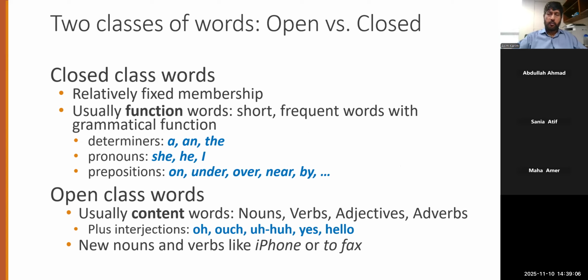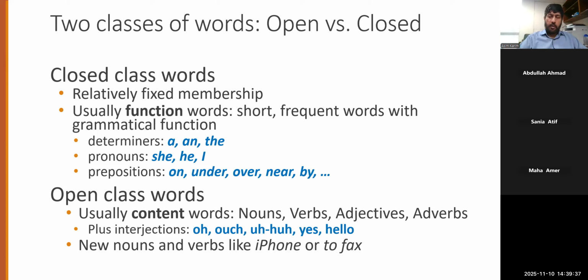So generally in all languages there are two classes of words or two types of parts of speech. One is called an open class and the other is a closed class. So what is the difference between the two? So closed class words have fixed membership, meaning that the words that belong to this class do not change with the evolution of the language or with time. ठीक है?